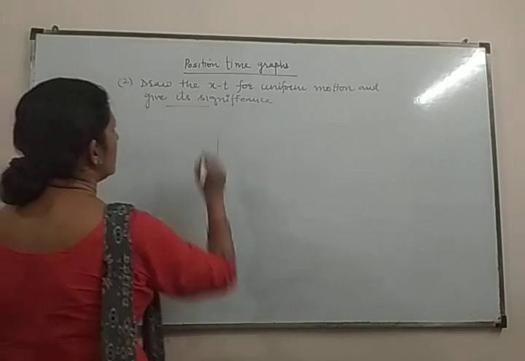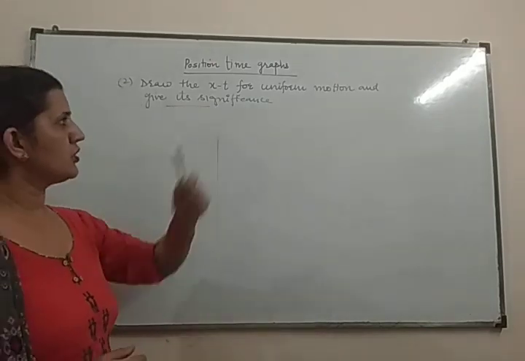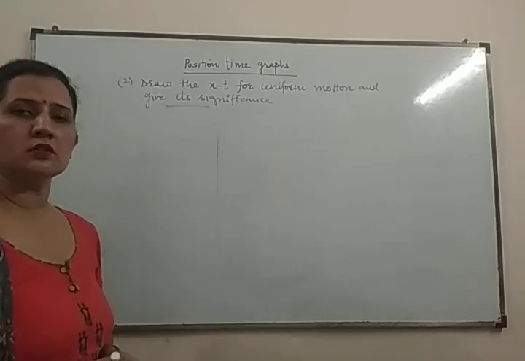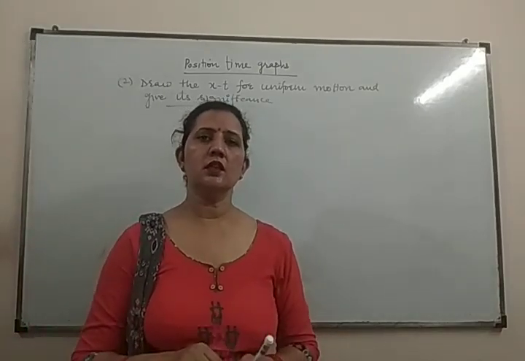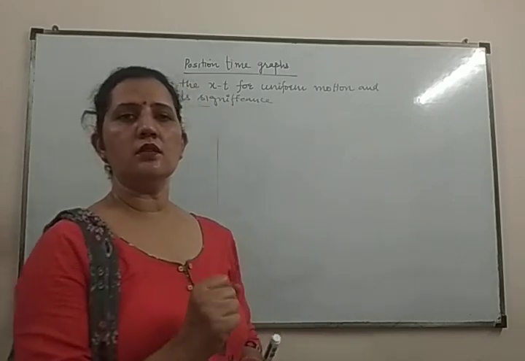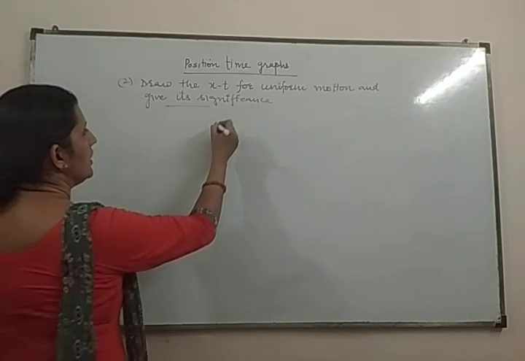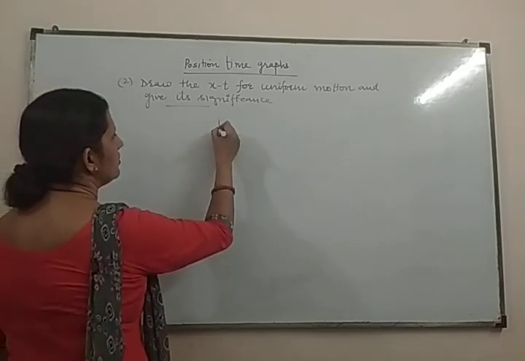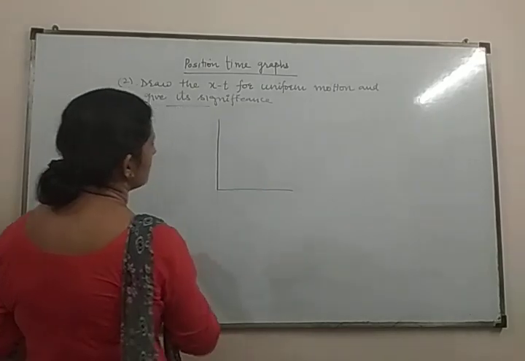First, draw the graph for uniform motion. Uniform motion means when the object is moving and it is traveling equal distances in equal intervals of time. That kind of motion is known as uniform motion. So draw the XT graph.